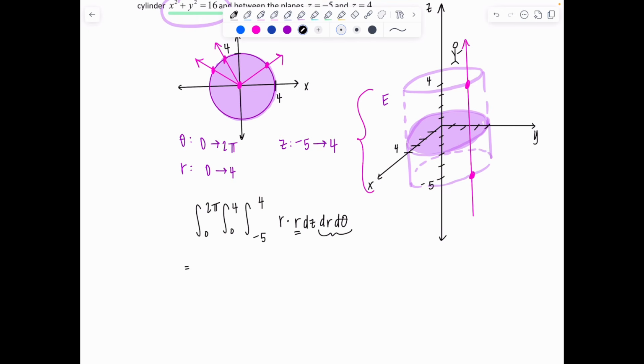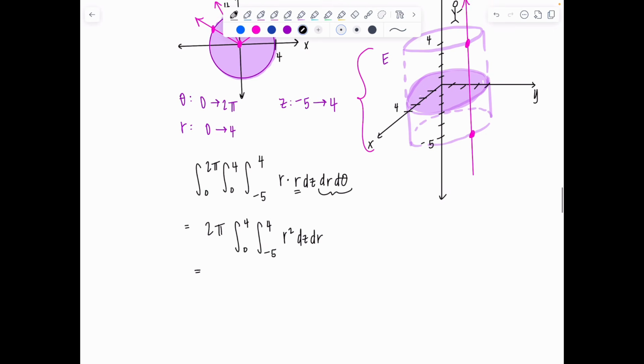From here we can just evaluate the integral. I don't see any thetas and all my limits are constants, so I can just pull out a 2 pi. Then I have the integral from 0 to 4, -5 to 4, of r squared dz dr. I don't see any z's, so if I integrate, I'll get a z. Upper limit minus lower limit: 4 minus -5 is 9.